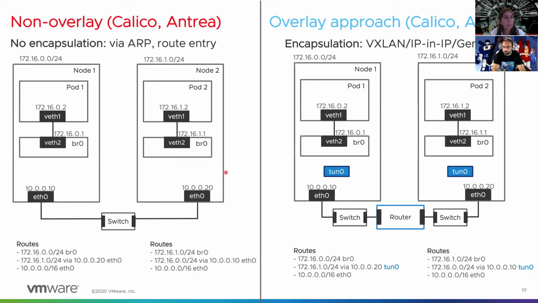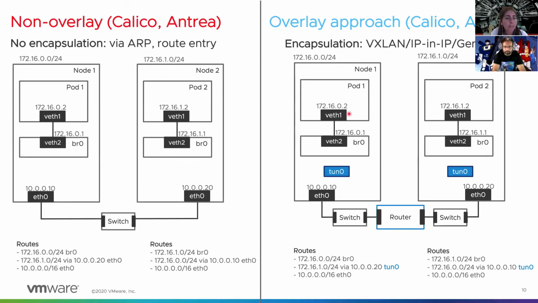You see, the only difference between this picture and this picture is this one has tun0 interfaces that are used to encapsulate packets. And you see there's a change here too. We added a router here to demonstrate that this is not an L2 network, but it is a layer 3 network. This can be the internet or private or public clouds.